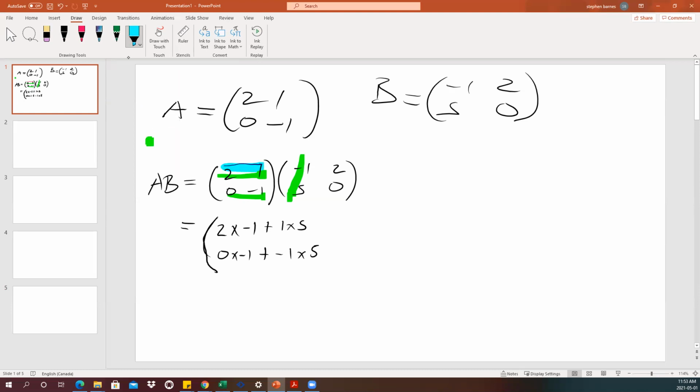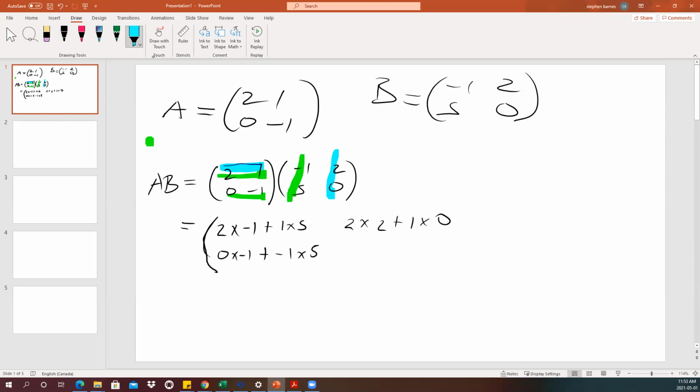So this time you're going to multiply over this side. 2 times 2 plus 1 times 0.